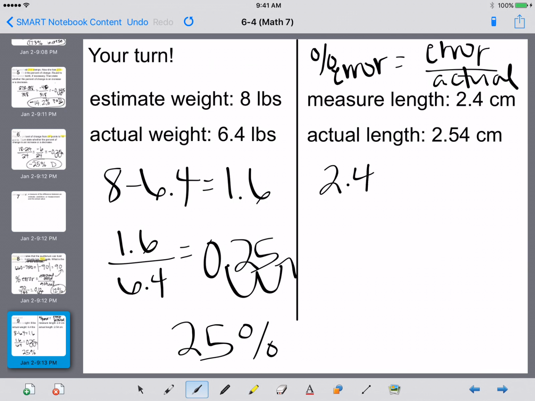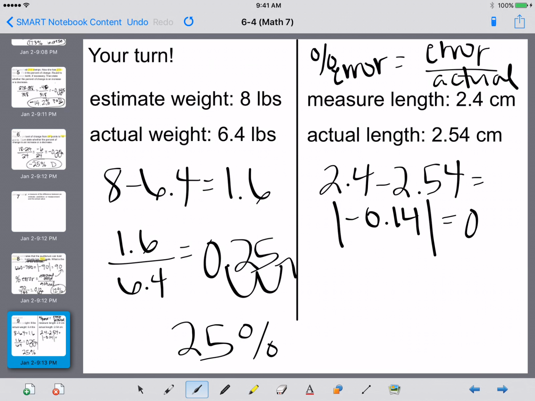Here you have 2.4 minus 2.54, and you get negative 0.14. But we're going to take the absolute value because we don't care about negatives, and so you just turn it into 0.14.